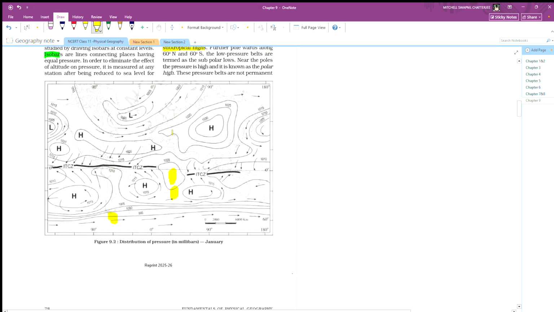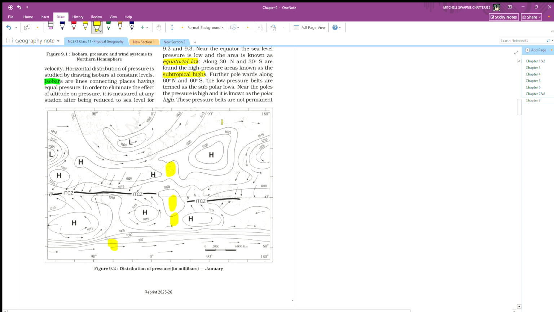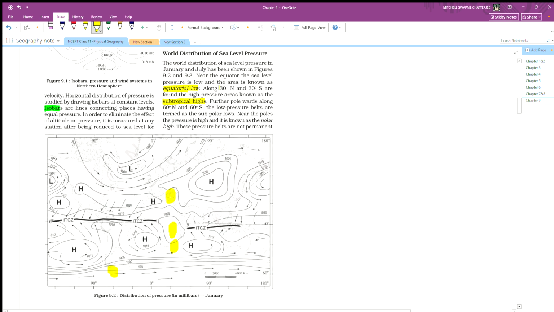So basically 30 north and 30 south, somewhere here is a low pressure area and somewhere here is a high pressure area.